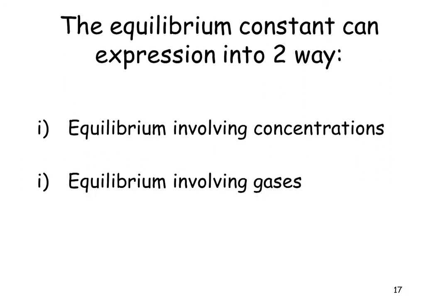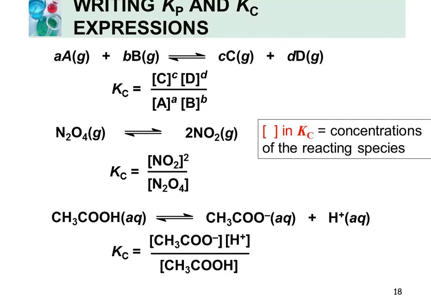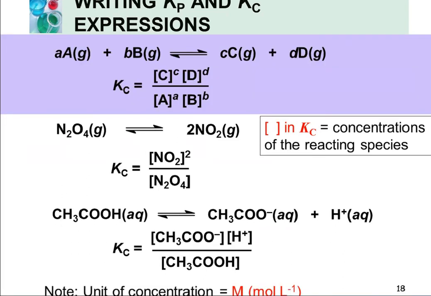The equilibrium constant can be expressed in two ways. First, equilibrium involving concentration, and second, equilibrium involving gases. The Kc expression for a homogeneous equilibrium system can be written as below. The unit of concentration is molar.